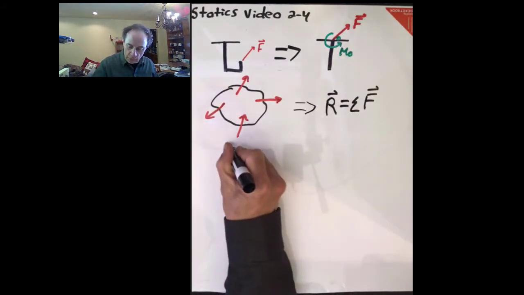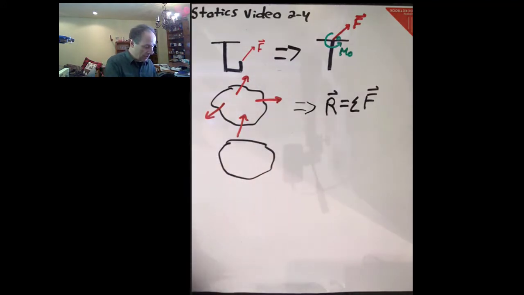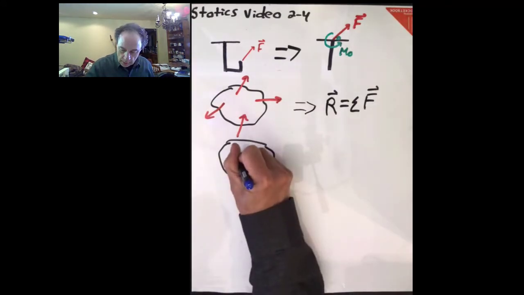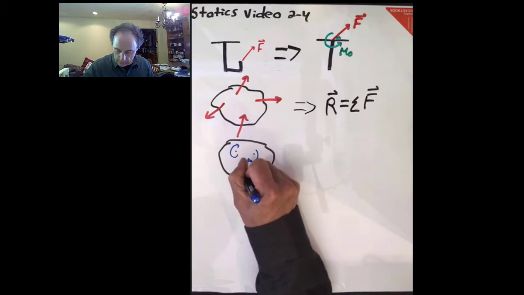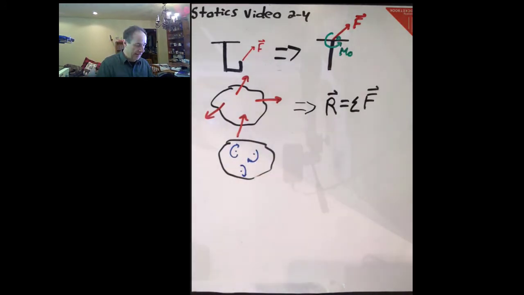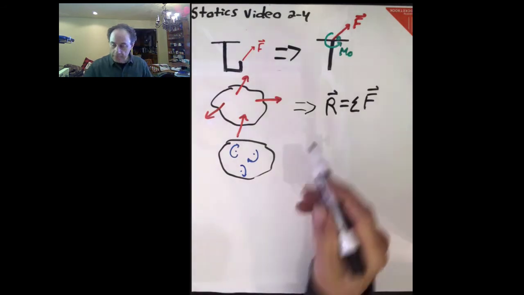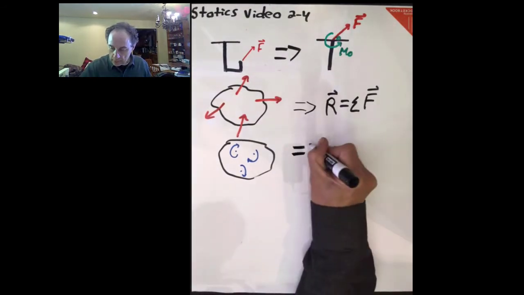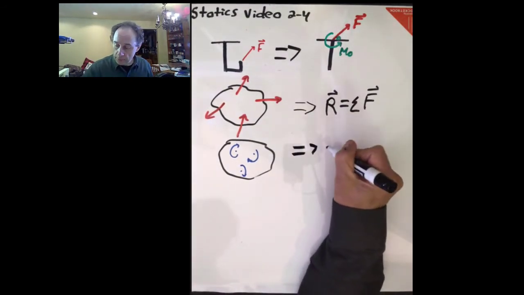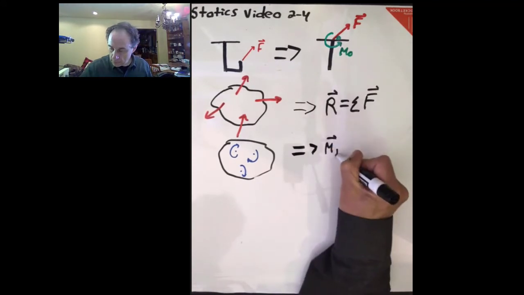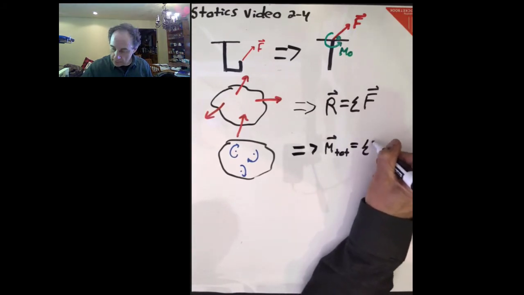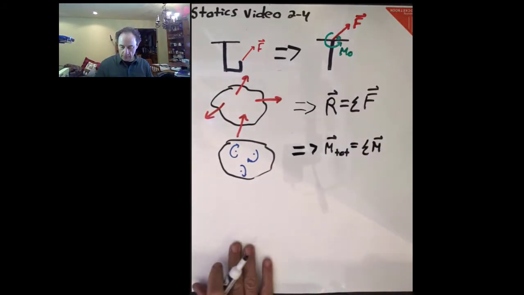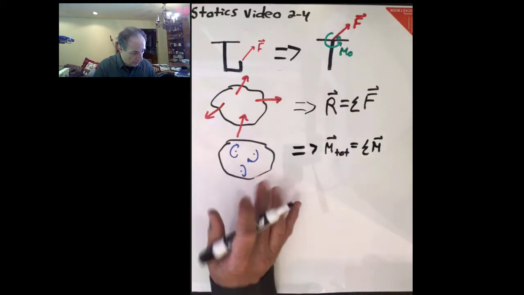But this isn't just for forces. You can have that body, and you can have a bunch of little moments about different points. All right, and you can do the same thing. You can have a total moment which equals a sum of all those little moments, right? Giving you the big picture of what's going on.